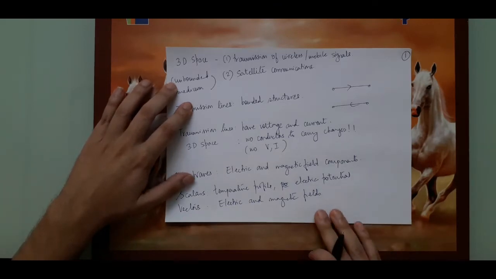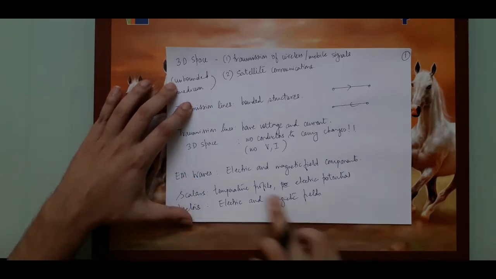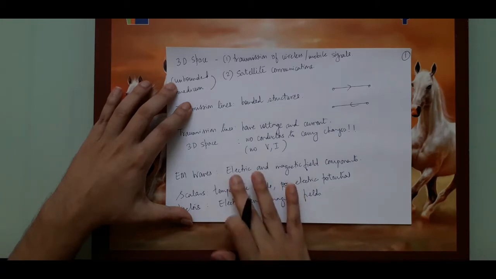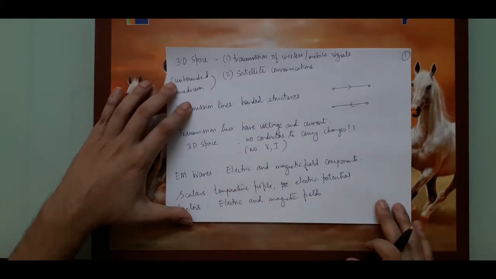So, one thing that we know about electric and magnetic fields is what causes them. Now, since we are trying to establish the foundations for electromagnetic waves, we need to understand the nuances.